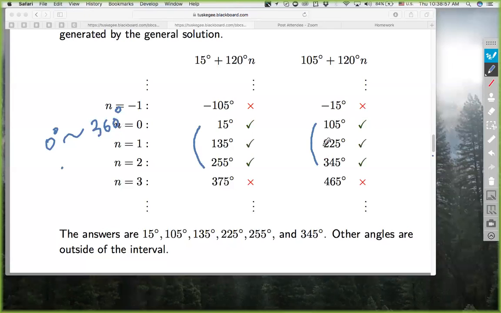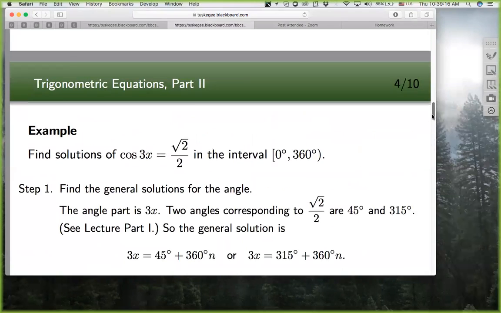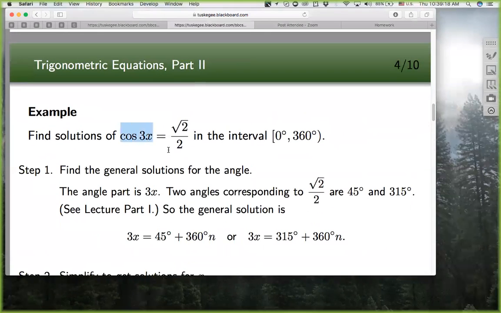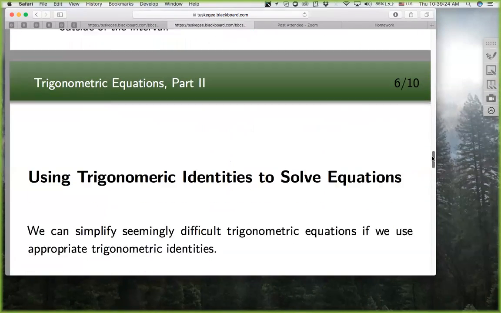So we take all of them. 375 is too big, that's over 360, so we just get rid of it. Negative angles, get rid of them, and then we take these 6 angles. There are more steps involved for multiple angle trigonometry equations, but it's a necessary step, and that's how you do it.